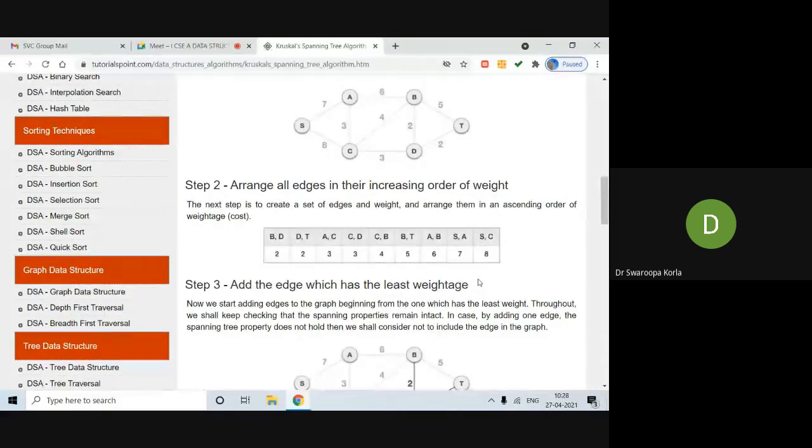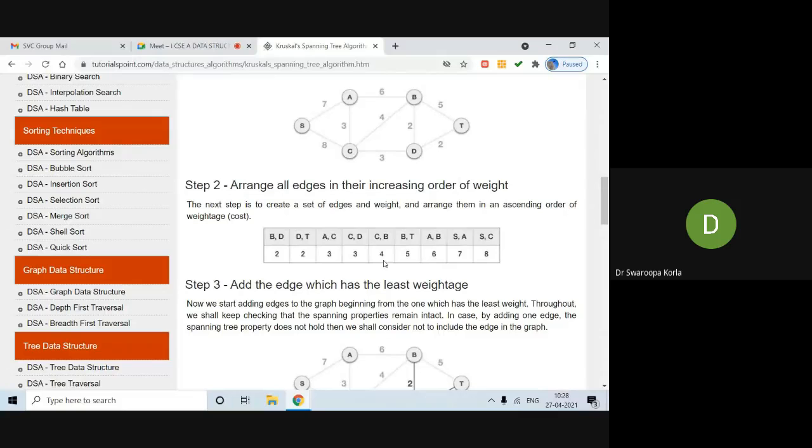Yeah, sorry. So arrange all the edges in their increasing order of weight. Okay. So simple it is. You can draw a table like this. Arrange in increasing order for the entire graph. There is no rule to start from the root. You need to select the minimum weight first of all.